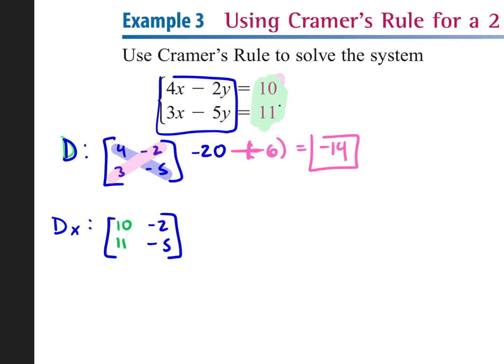How do I find the determinant? Majors minus the minors. So we multiply our majors together. We get -50 minus the minors, which is -22. So this becomes -50 plus 22, which is -28.